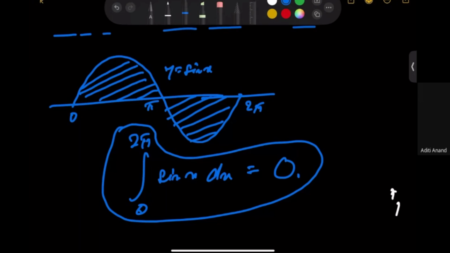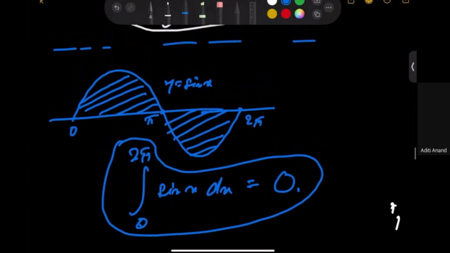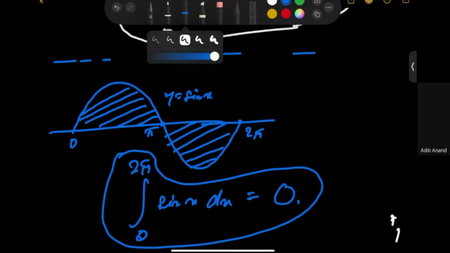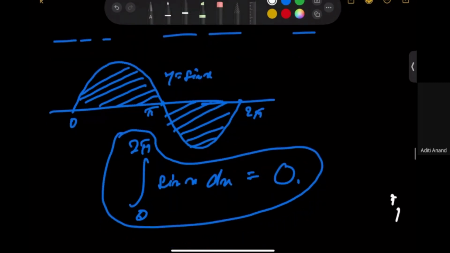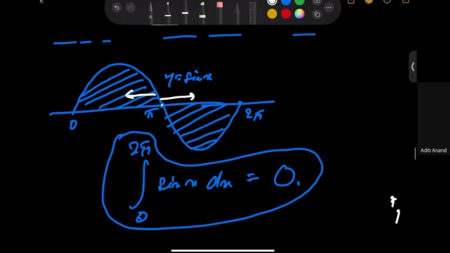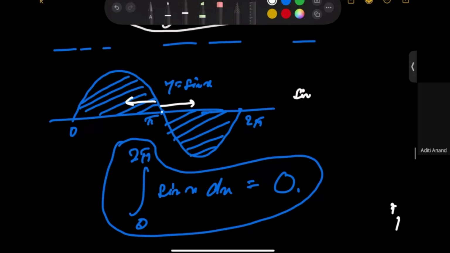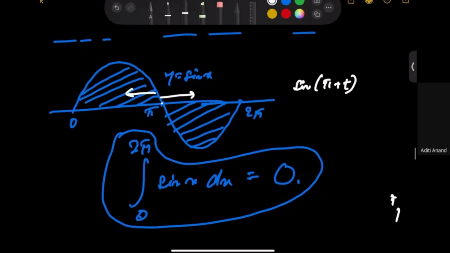So if you look at this, why was this happening? That was because the sine graph has this property. Look from pi in this direction and in this direction: sine of pi plus t, suppose t is between 0 and pi, and consider this length to be t.